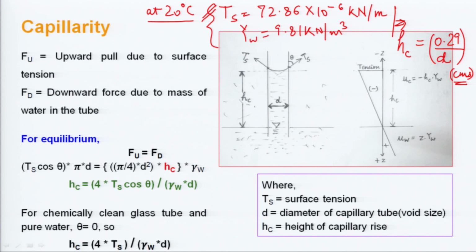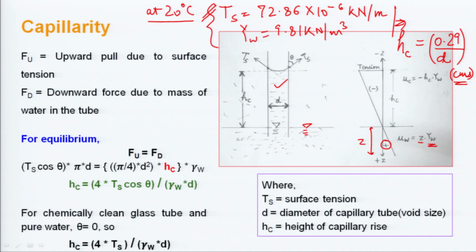Now in this diagram, see here, this is the capillary rise and this is the groundwater table that we use, but capillary water cannot be used for drinking purposes. The groundwater table can be utilized for drinking purposes. This water here is under hydrostatic compression as usual, say at height z, with pressure z into gamma w.